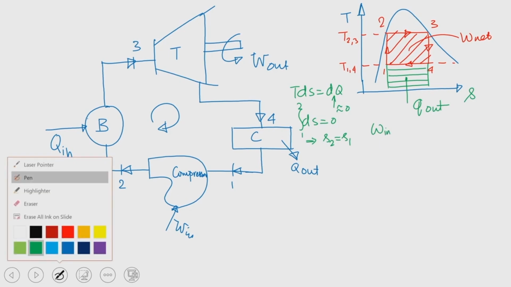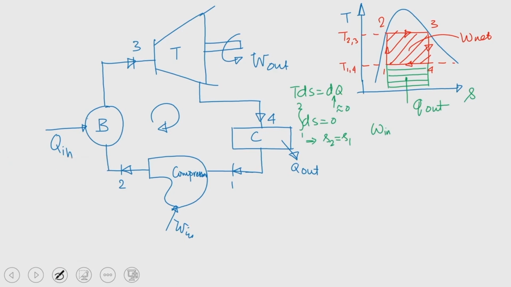So, we could write that W in is equal to minus (H2 minus H1), that you can write by using the first law of thermodynamics applied to flow processes. Q in, that is heat addition to this device, that is the boiler, is H3 minus H2.